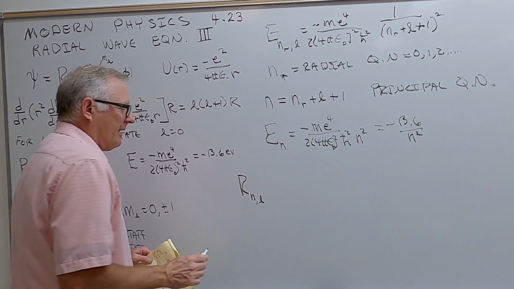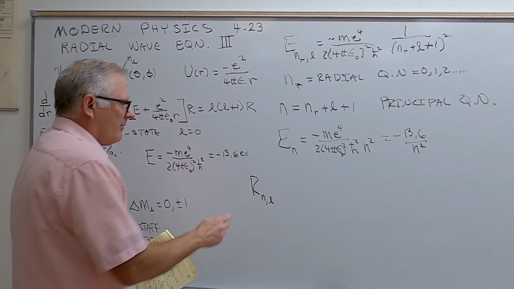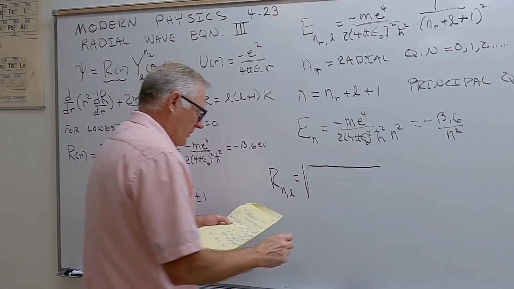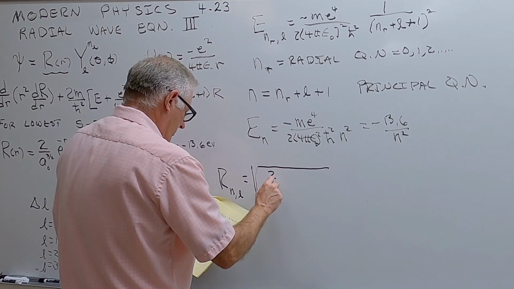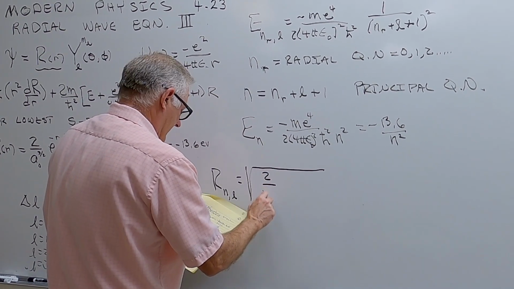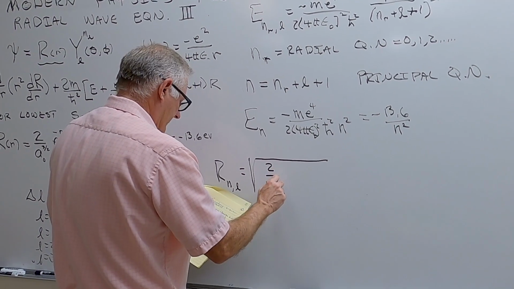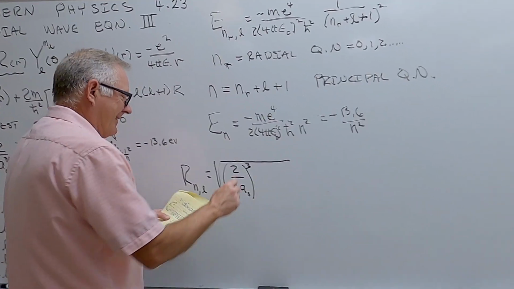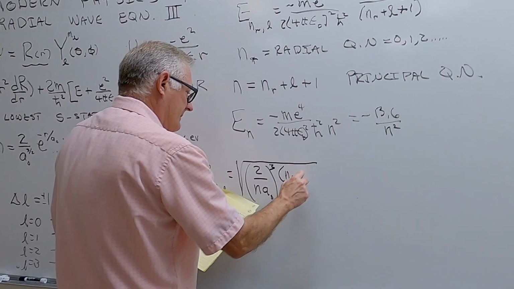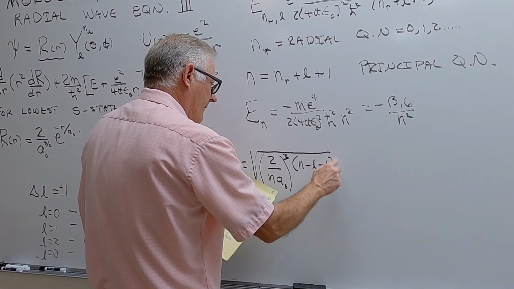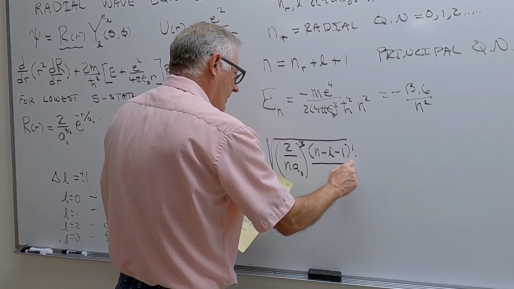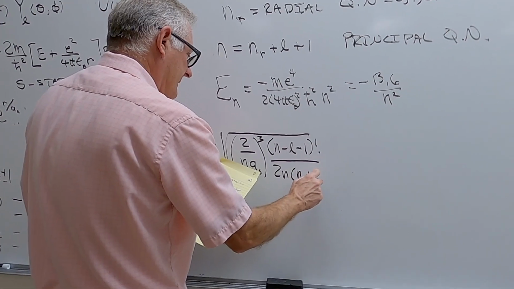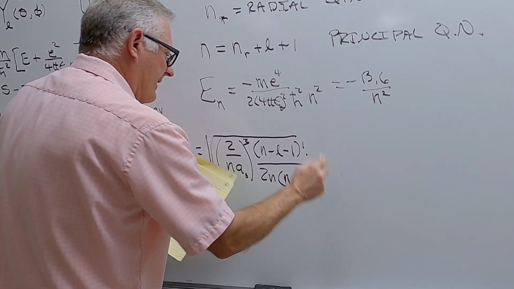First of all, you're going to have the normalization out in front, which is the square root of 2 all over n a naught cubed, times (n minus l minus 1) factorial all over 2n times (n plus l) factorial.